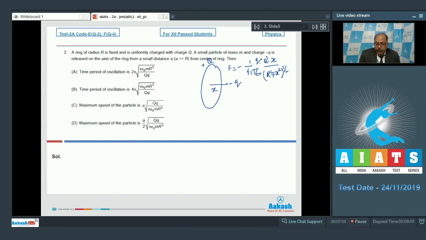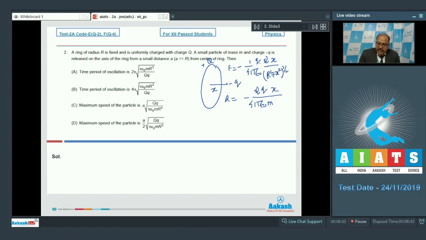Now, a being very small compared to r, x will also be very small compared to r, because the maximum value of x is going to be a only. That being the case, we have acceleration a is equal to minus capital Q small q x by 4 pi epsilon naught m.